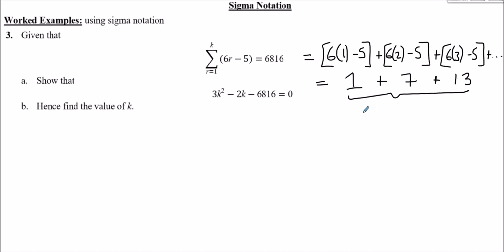So for A, we know that A is 1, and the common difference D equals 6. So the sum of the first k terms is the number of terms divided by 2. So in our case, it's going to be k over 2.